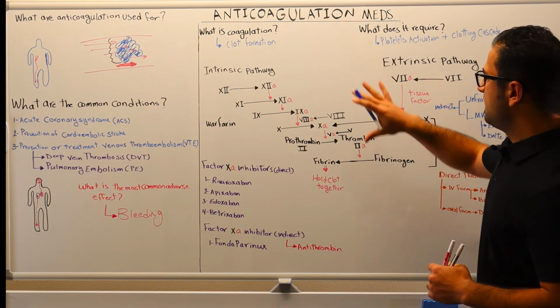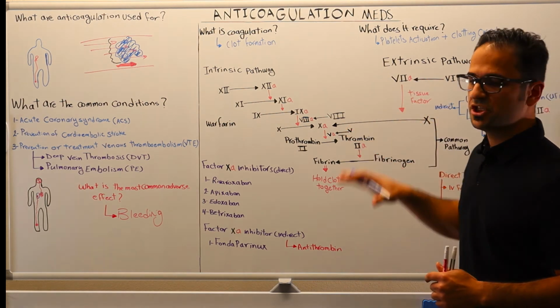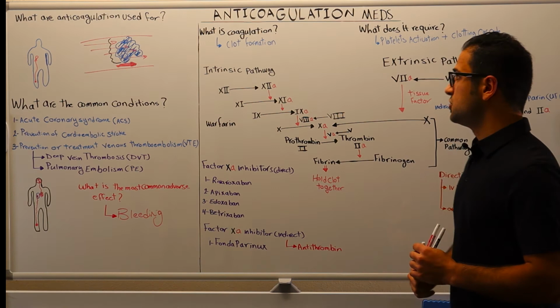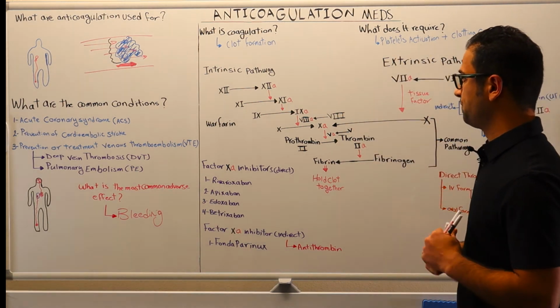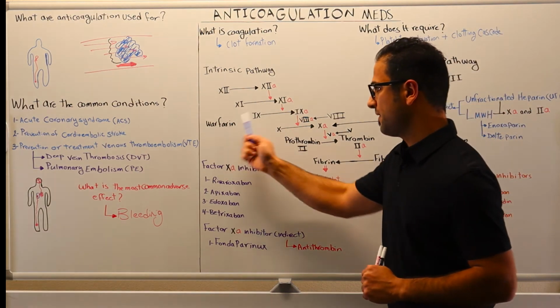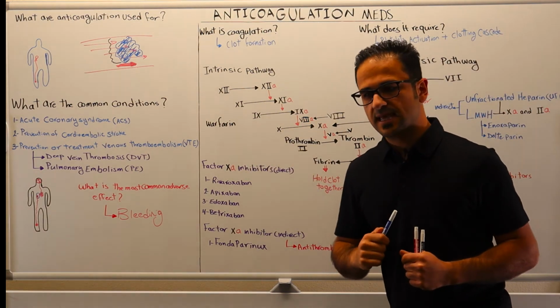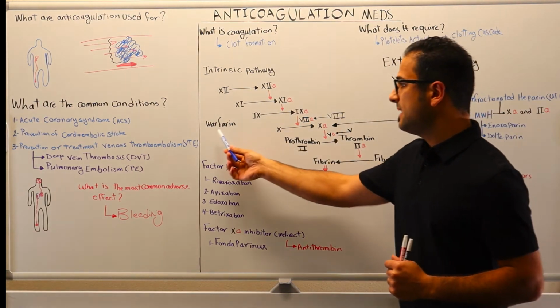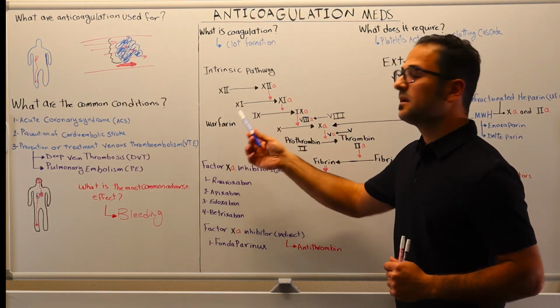So moving from the clotting cascade to the medications available right now for anticoagulation, there are 4 types of medications. The first one is warfarin. Warfarin inhibits vitamin K dependent clotting factors.